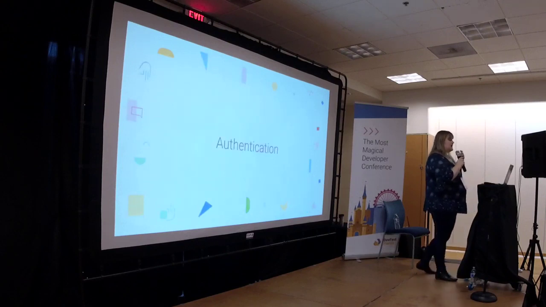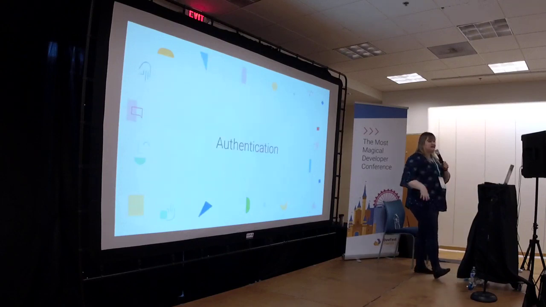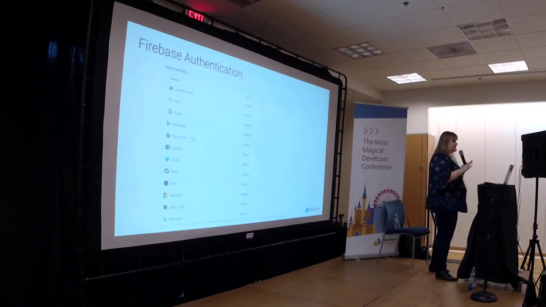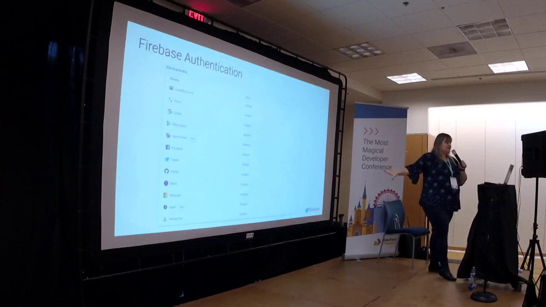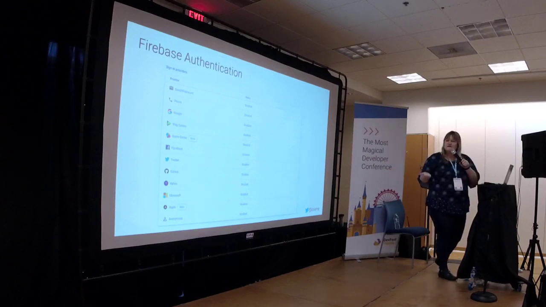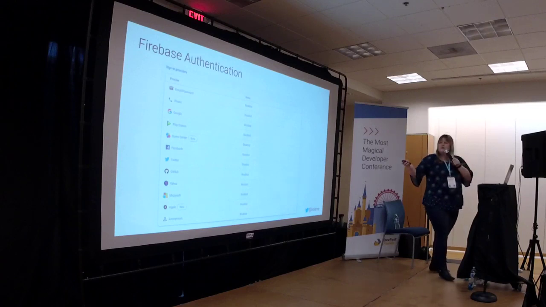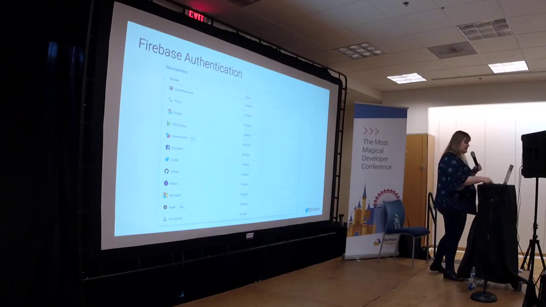So since I mentioned authentication, how exactly does it work? So for authentication, and this is great, this list keeps growing every year. In the beginning of the year, I gave a similar talk, and then it was like half of this list. Now we have so many more options. So usually the email password, which is the default, you can also allow anonymous access.